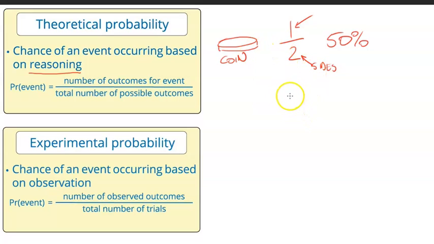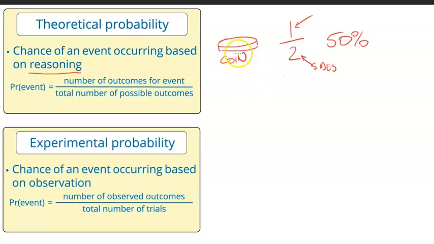Now, what happens if you keep flipping this coin about 100 times, and every single one of them lands a tail? You would think there's something fishy about this coin. And you go to flip it again, the 101st time, and you ask yourself, what am I going to get, a head or a tail? Theoretically, you should have a 50-50 chance.